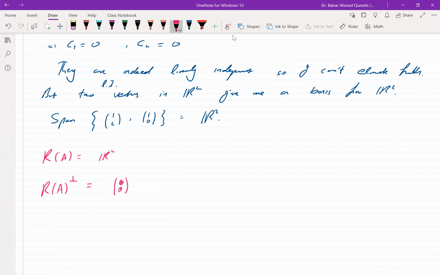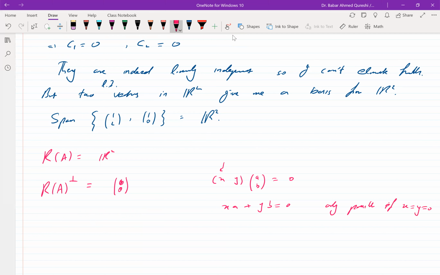So an arbitrary vector in R2 is of this kind. And if I'm looking for some arbitrary vector (x, y) which has zero scalar product with it, that is only possible if x is equal to y is equal to 0, for all a and b. So that's what I know, that the orthogonal complement of R of A is the zero vector.